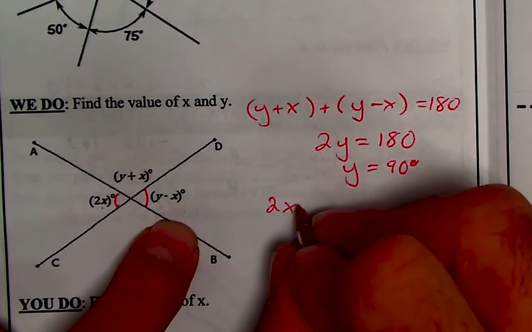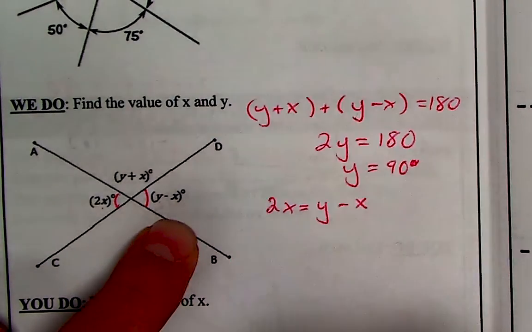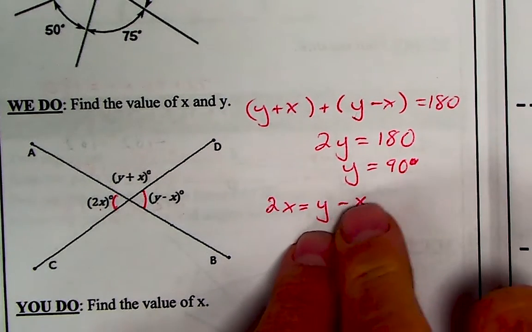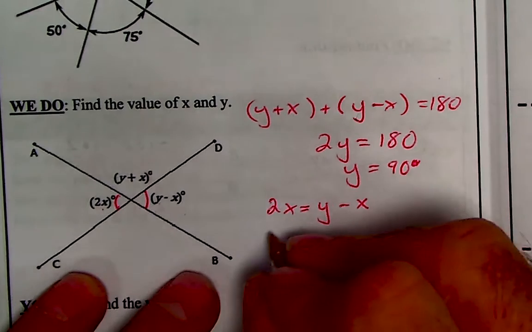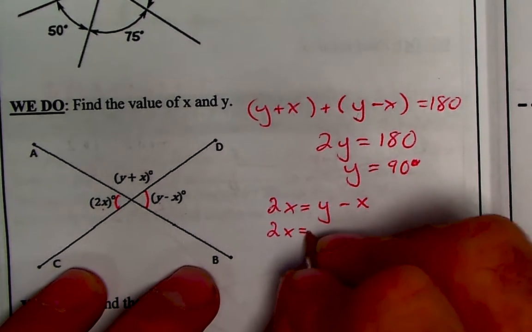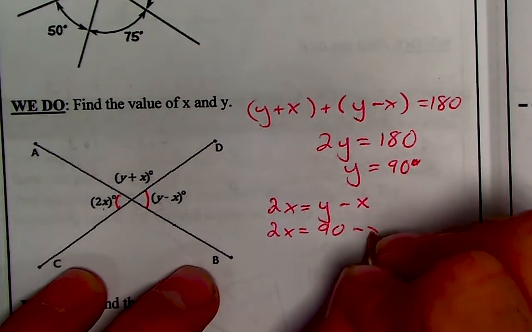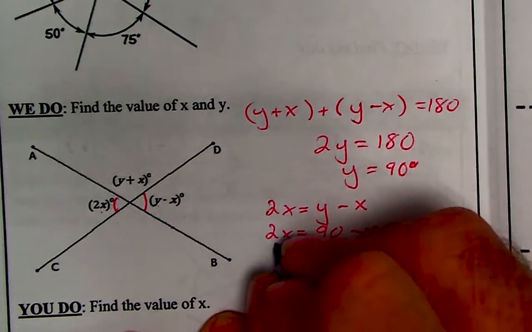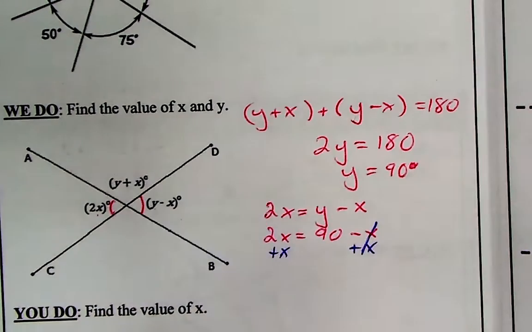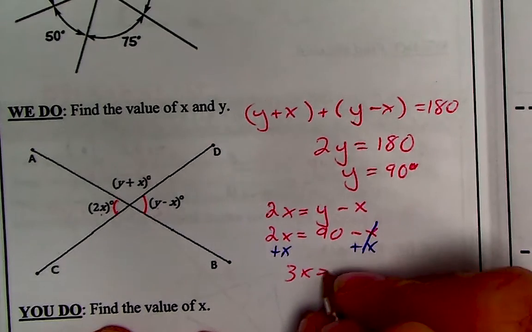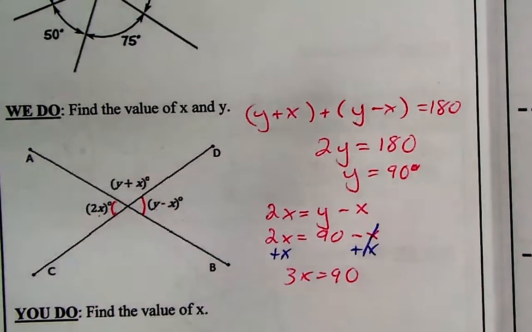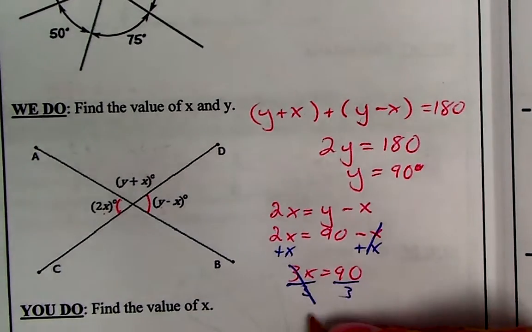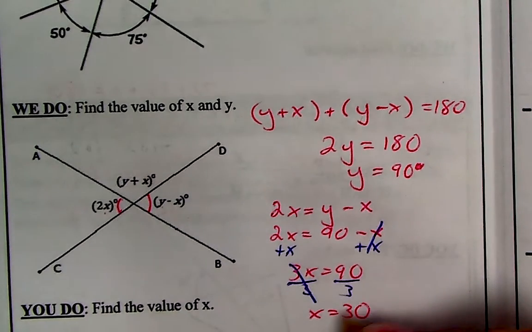We know that 2x is equal to y minus x, and we also know what y is, so we can substitute 90 in for y. 2x equals 90 minus x. Add x, so now we know that 3x is equal to 90, and x is equal to 30.